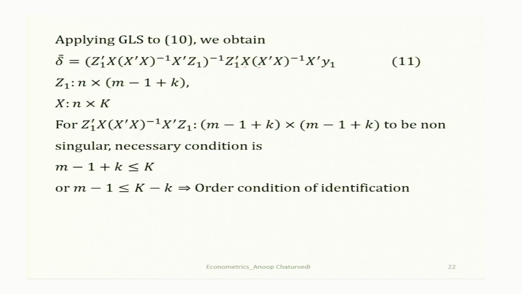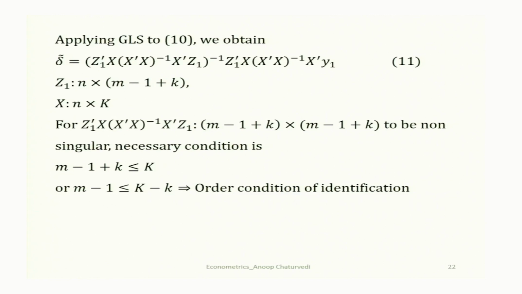Sigma 11 will cancel out if you consider both of these terms. Then delta curl is (Z1 transpose X, X transpose X inverse, X transpose Z1) whole inverse, times Z1 transpose X, X transpose X inverse, X transpose Y1. We are simply applying the generalized least squares procedure to equation 10.